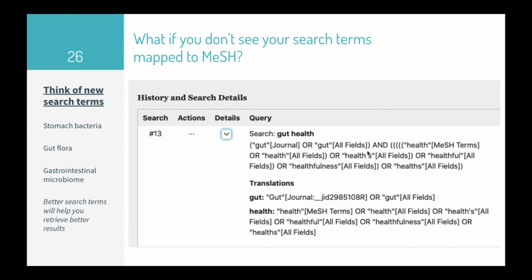Then it's searching gut and health separately, but it doesn't really get the concept I'm looking for. So I need to think of a different way of searching for gut health, like stomach bacteria or gut flora or gastrointestinal microbiome. You just have to start getting your mind to think about your question a little bit differently.